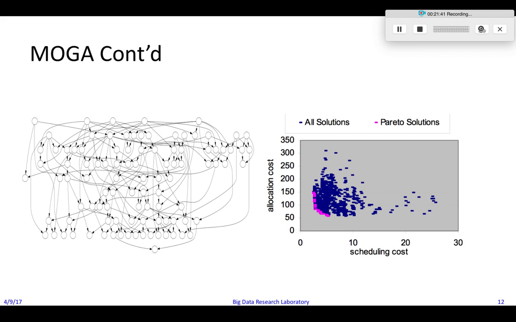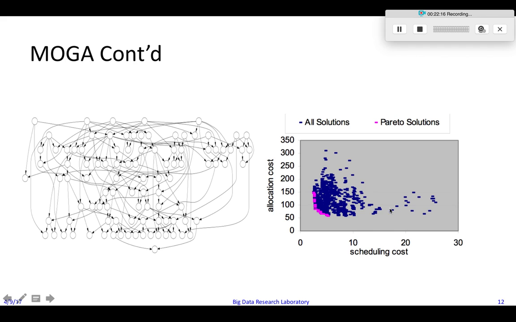And the left side application is generated by using a parameterized task graph generator. This application consists of 100 tasks with an average runtime of 100 seconds. And then we use the multi-objective genetic algorithm on this application to record all the feasible solutions.